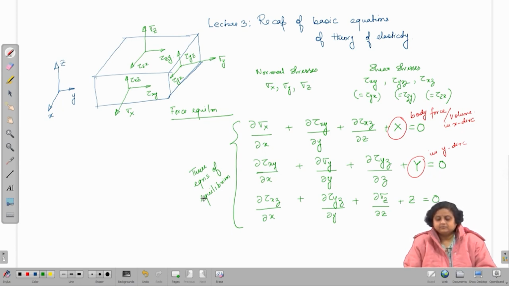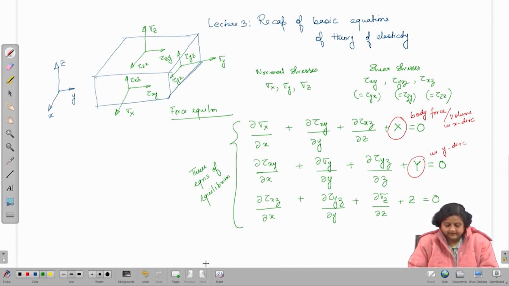Apart from these three equilibrium equations, the stresses should also satisfy the boundary conditions that are there for any generic 3D body. So, let us get into the next set of boundary conditions that we have for any 3D body.